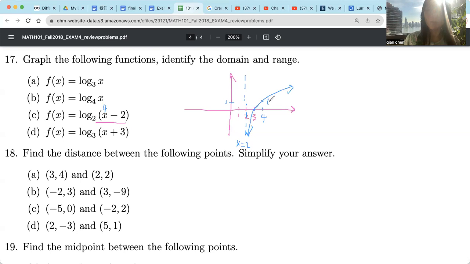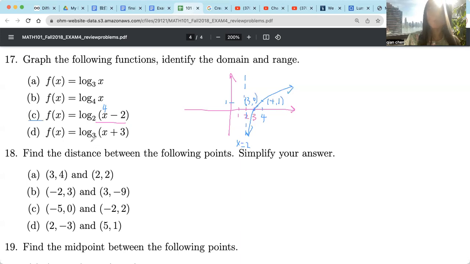So I have important points: the 4, 1 point and the 3, 0 point. The shape of the graph of log is forever like this, unless a reflection or rotation is applied. So this is the graph for C.